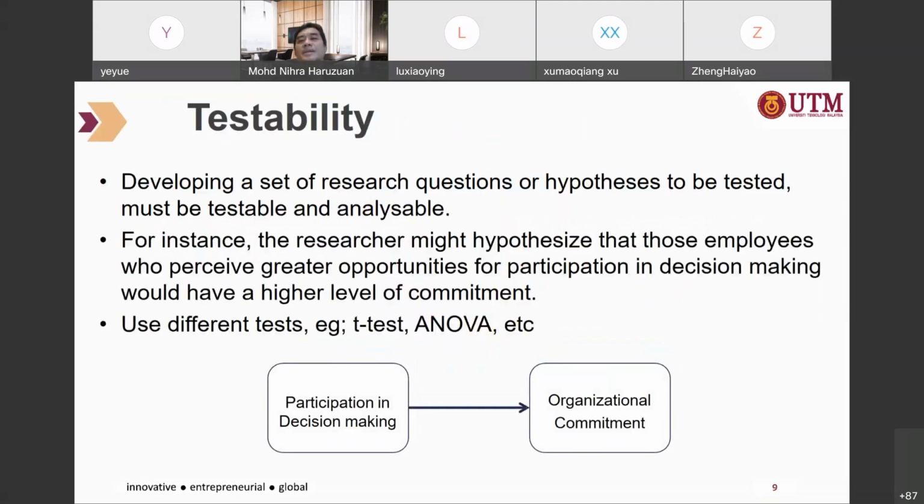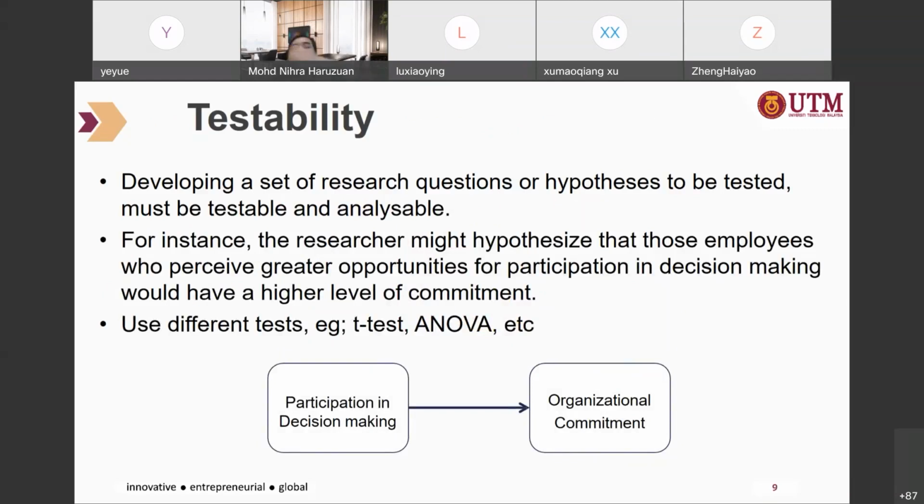So what is testability? You must develop a set of research questions or hypotheses that must be tested or analyzed.